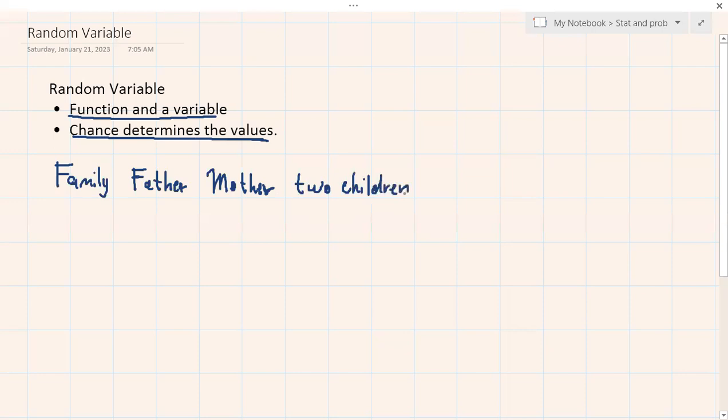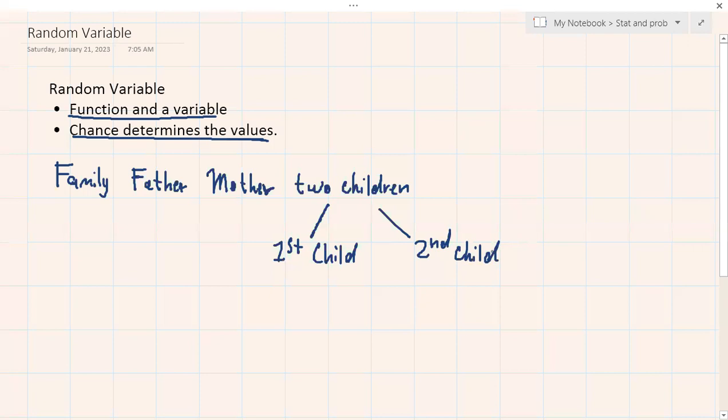Okay? Two children. Ngayon, in these two children, merong first child o yung panganay, then meron tayong second child, which is yung bunso nila.